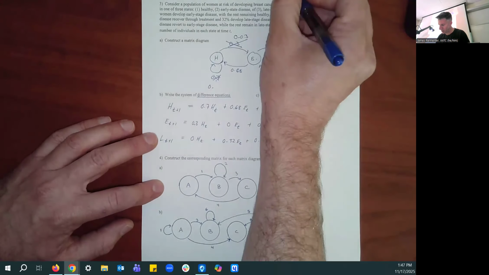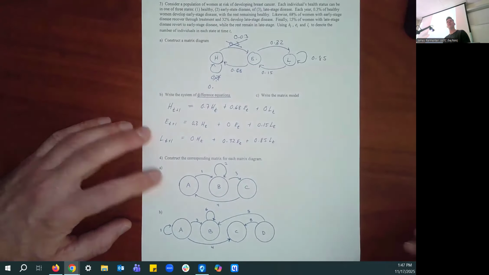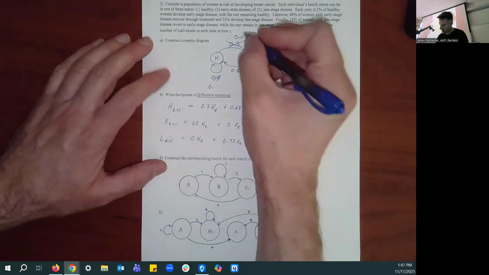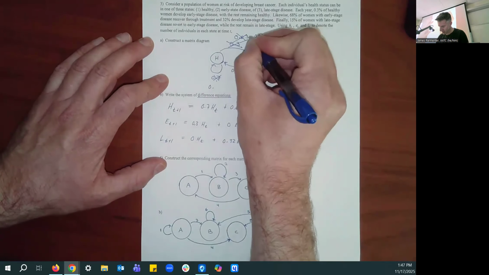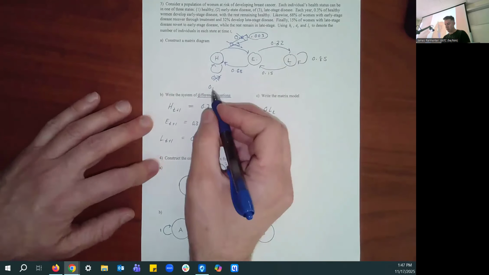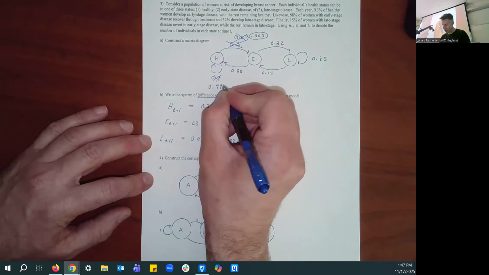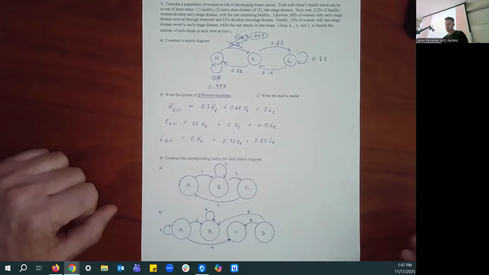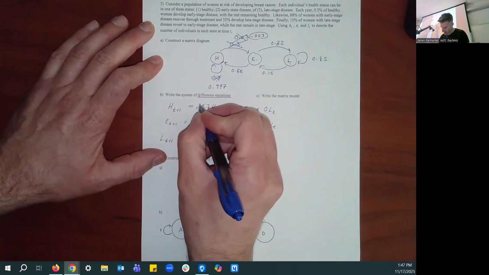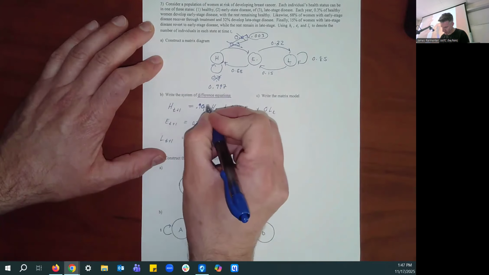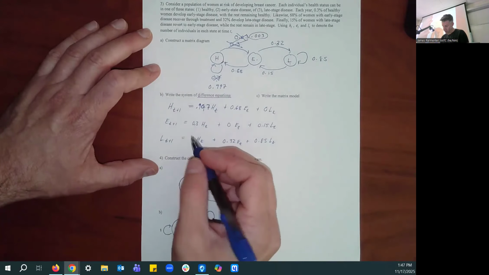So I move it over twice, 1, 2. That should be 0.003, not 0.03. Sorry about that. Let's get it right the third time. Okay, 0.003, meaning the people who are healthy that stay healthy should be 0.997 or 99.7%. Sorry about that. Let's fix it. So this should be a 0.997 there. And that should be a 0.003.